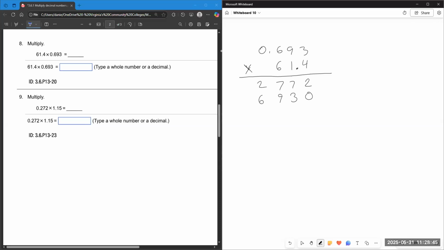That's 6. 2 zeros. That's 18. 54 and 1 is 55. 36 and 5 is 41.